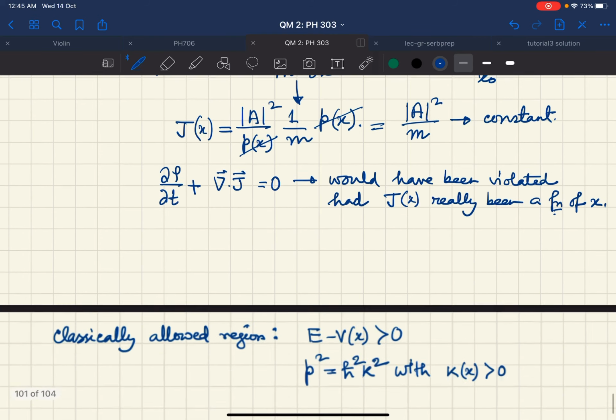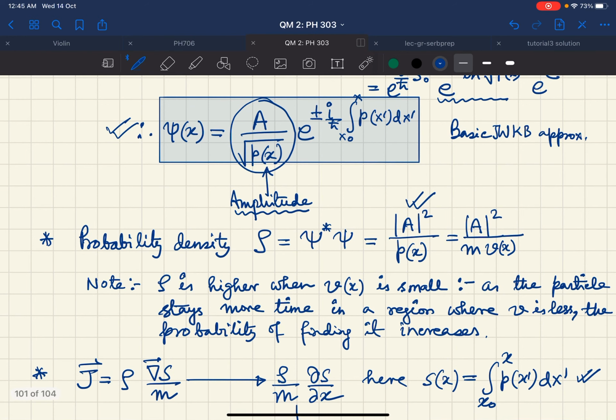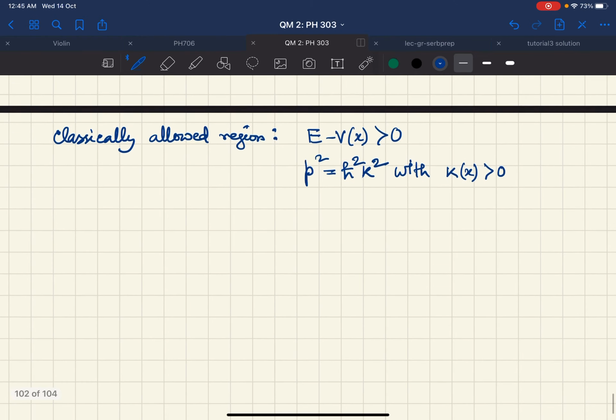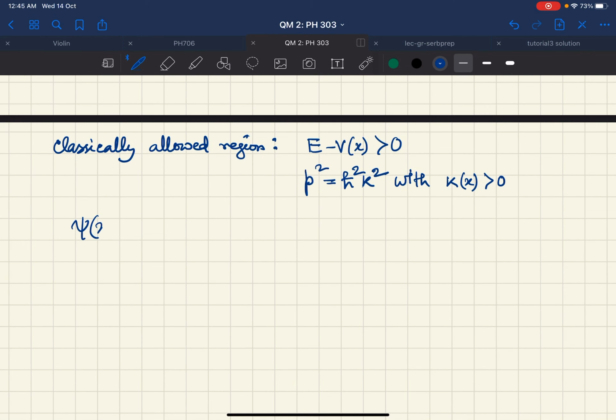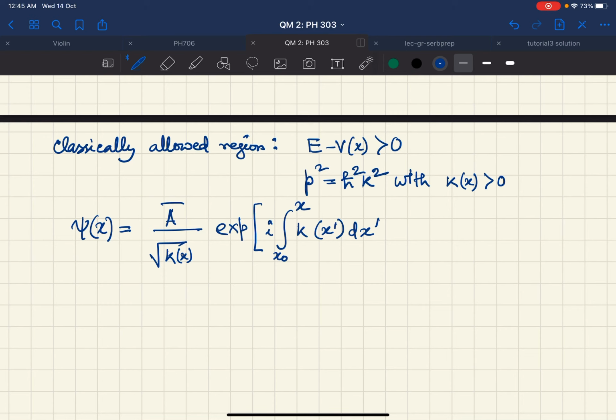So I can write down, just by looking at this solution, psi of x is equal to some constant, say a bar, divided by square root k of x into exponential i integral k(x') dx' from x0 to x, where the h bar gets cancelled with the h bar k here.